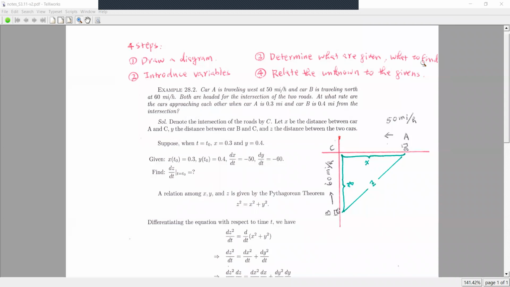What we need to find? We need to find the rate at which car A and car B are approaching each other at the instant when car A is 0.3 miles and car B is 0.4 miles from the intersection point C. That is, we need to find the derivative of c with respect to the time t. c is the distance between the two cars.